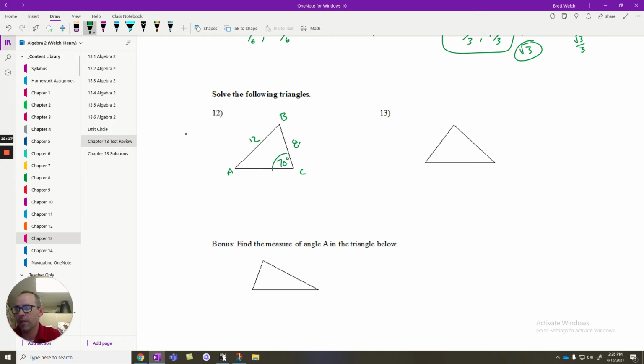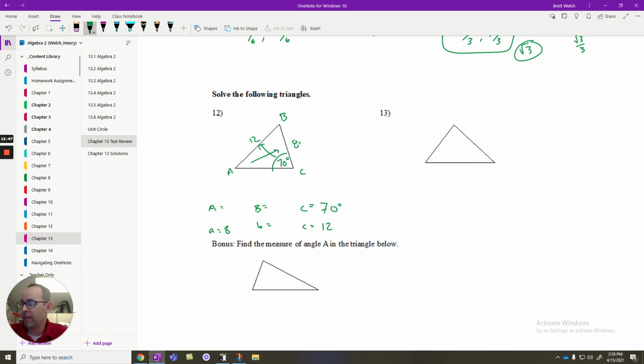All right, we're supposed to find all 3 sides and all 3 angles: capital A, capital B, capital C, little a, little b, and little c. So let's start off with capital C right here is 70 degrees. Because the 12 is directly across from that C, that makes 12 be little c. And that 8 is directly across from big A, so that would make it little a.